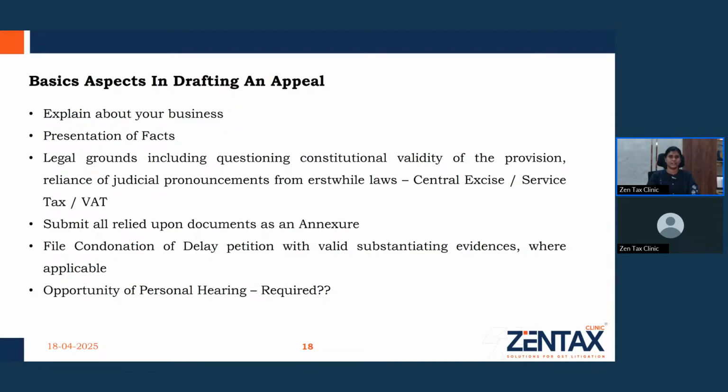In case we are filing the appeal after the period of 3 months, then we need to file a condonation of delay petition with valid substantiating evidences wherever applicable. In case we require any personal hearing, then we should also mention in the appeal the request for the opportunity of personal hearing.